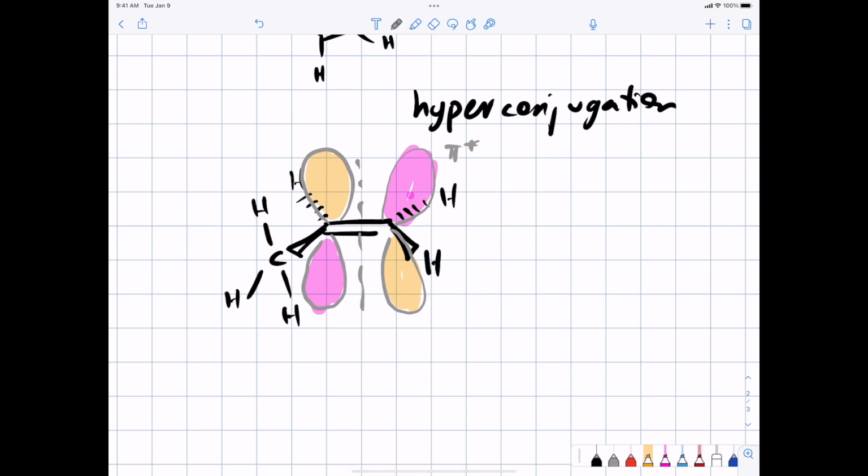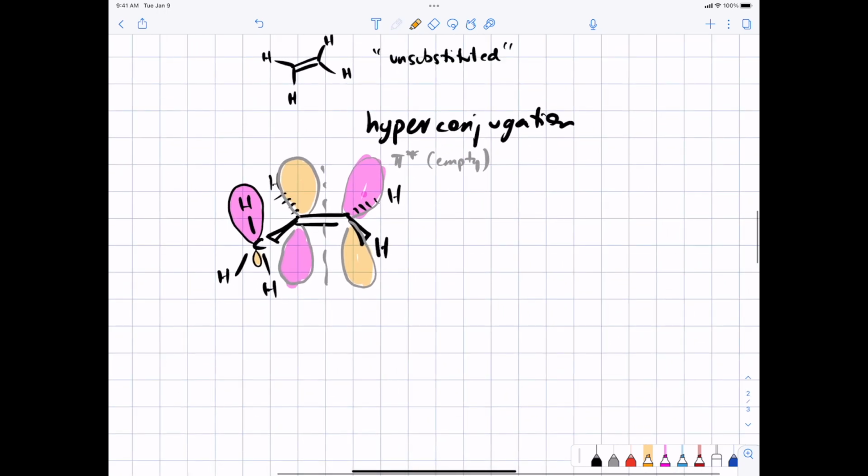Pi star, empty. And on an adjacent atom, you have a carbon-hydrogen bonding orbital that can mix with the pi star in a way similar to how the sigma bonding orbital mixed with the empty p orbital above.